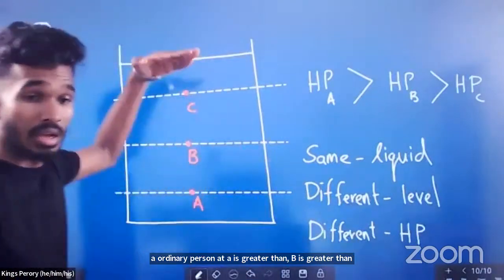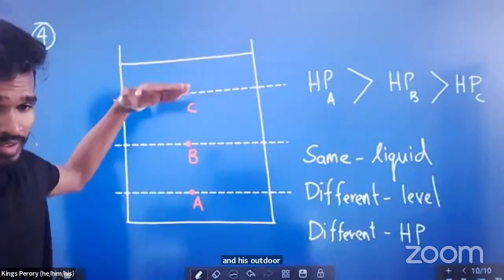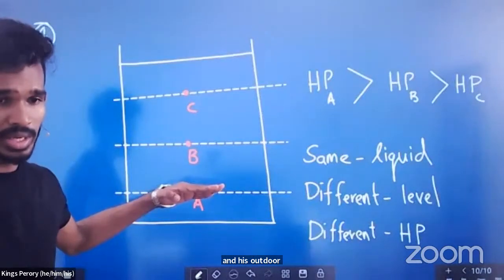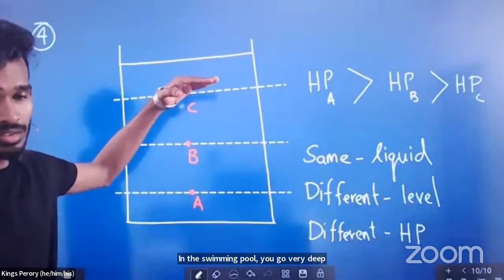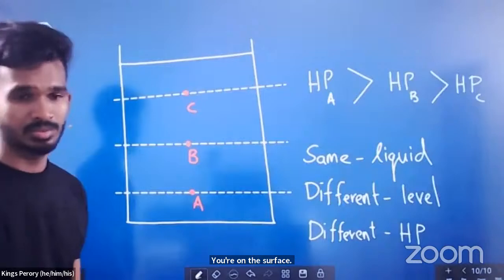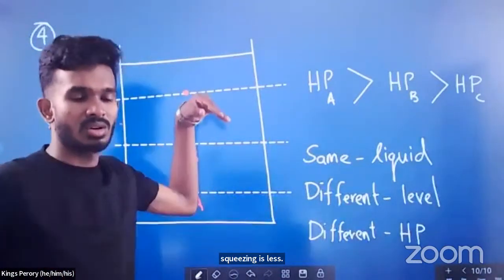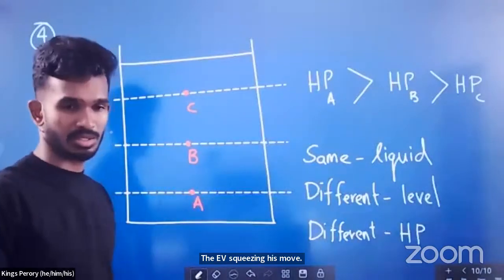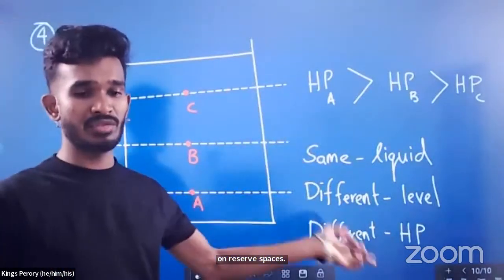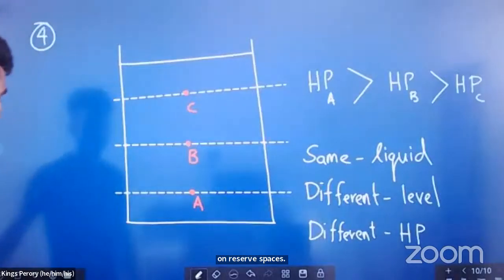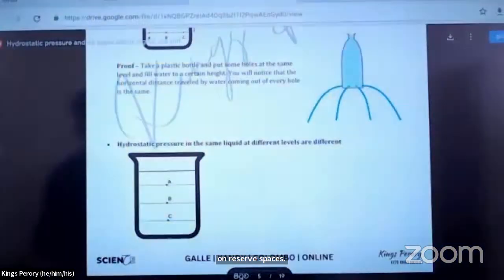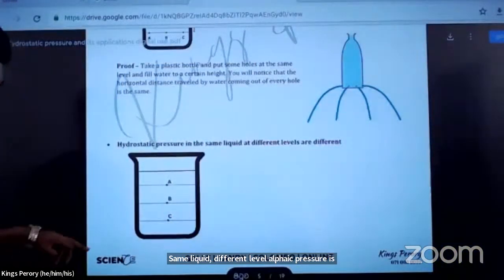Correct? In the swimming pool, when you go very deep, squeezing is more. On the surface, squeezing is less. Same liquid, different level, hydrostatic pressure is different.